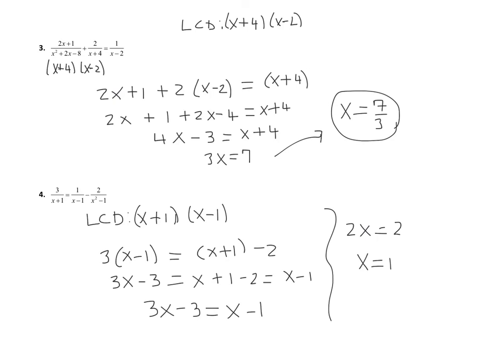So this is an extraneous solution, so we're going to say no solution. When you are dividing, always make sure the solution you get, you plug it into the denominator and see whether it's a real solution or extraneous. So this one is no solution.